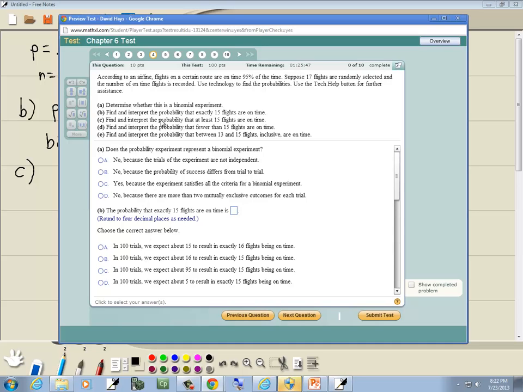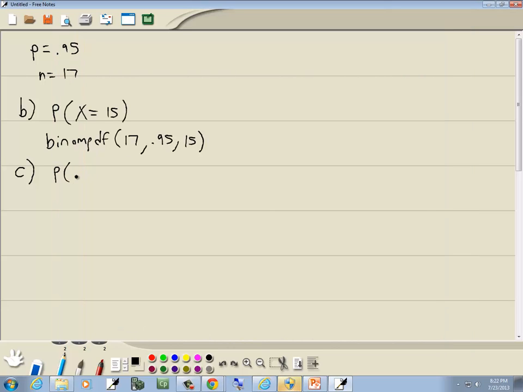Find and interpret the probability that at least 15 flights are on time. At least 15. Well, let's write down what x values that means. At least 15 includes 15. So 15, 16, and our highest is 17, our n.